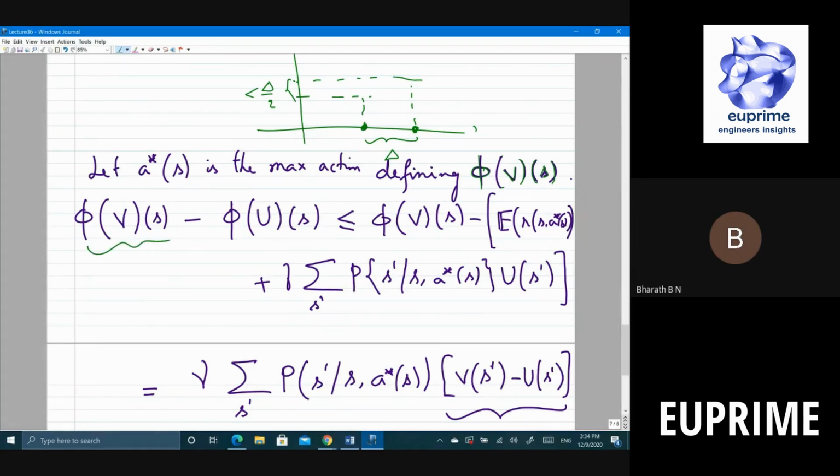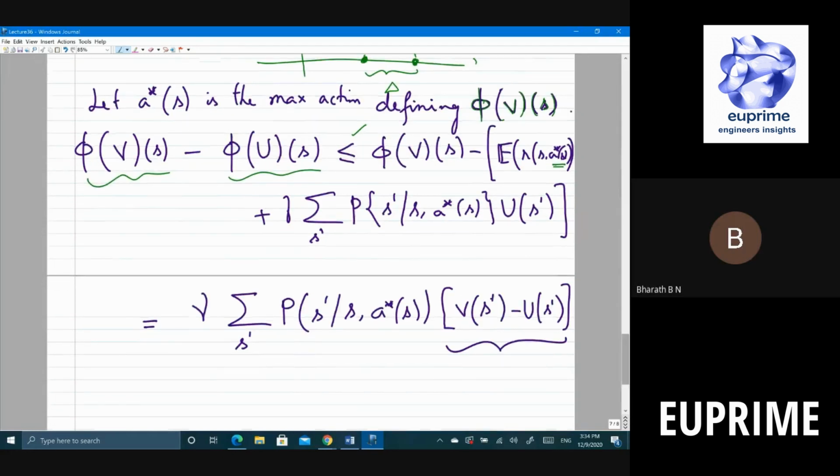Okay, so the action A star of S is the maximizing action with respect to phi of V of S, not phi of U of S. So there is a max over all action in phi of U of S. In the definition of phi of U of S, there is a max over all action, right? But instead of that maximum action, I'm going to take A star of S. So it won't maximize the term, right? So it will result in a smaller quantity. That's why it results in less than or equal to.